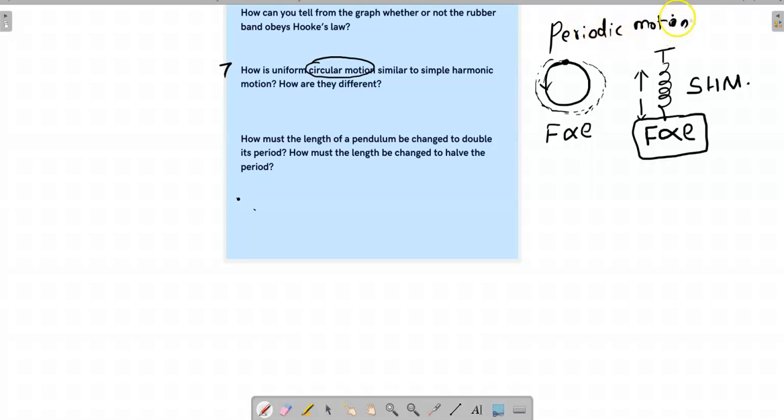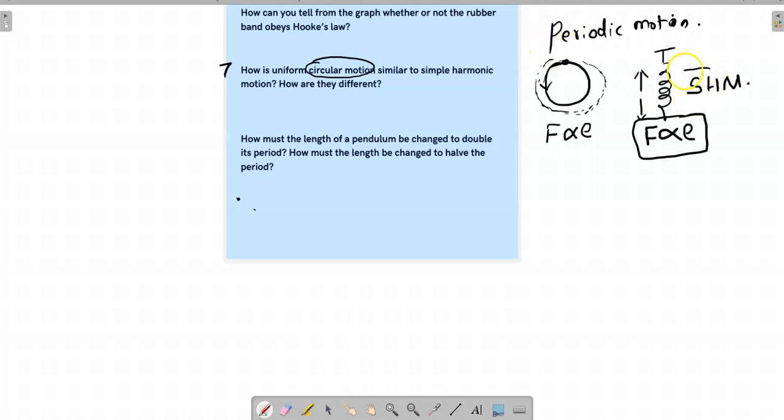Periodic motion means the object is moving through the same path again and again. The time taken for one complete circle or one complete rotation, one complete oscillation, is all periodic motion.